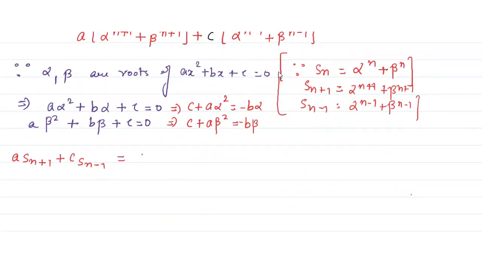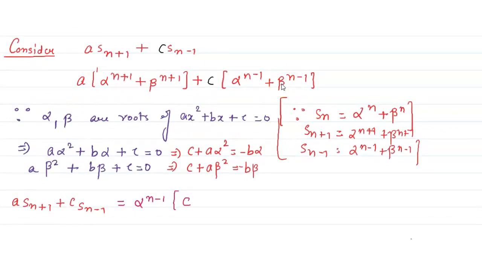I can write it as, if I took alpha^(n minus 1) common, so what I will get? Yes, I will get c plus a alpha square, right?